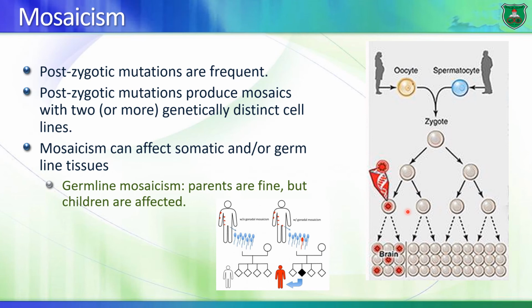So you would notice that this is a normal male right here, but you have a mutation in some of the germline cells, and you would notice that one of their children would be affected by a disorder, even though the parent, the father, is really normal. But it turns out that the mutation exists in the germline cell. So this is mosaicism.